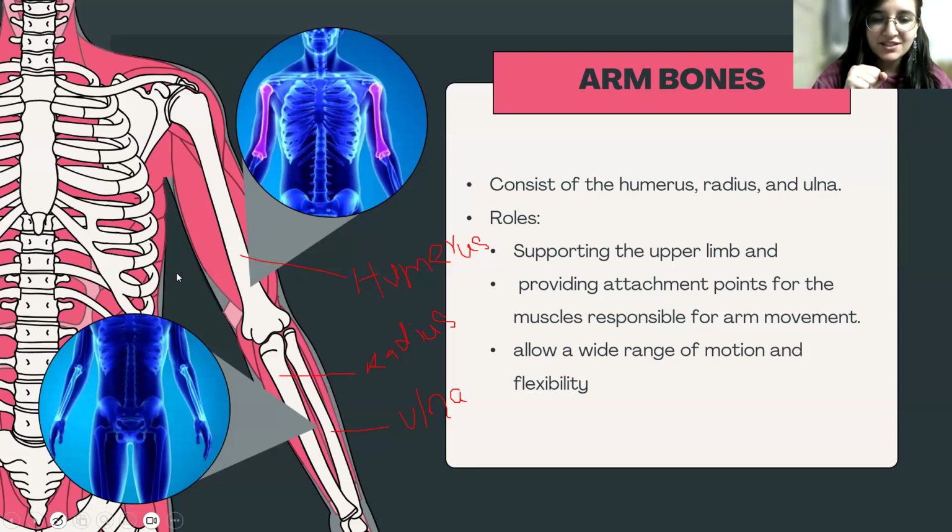It also helps us with picking up objects, not directly, but indirectly. It helps us to move our hands to a more accurate place where we want to pick something up from. So all these bones have a part to play in that.